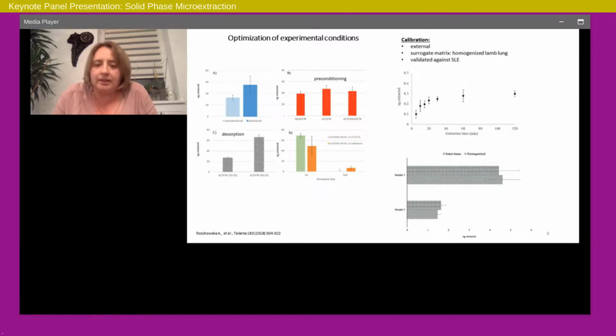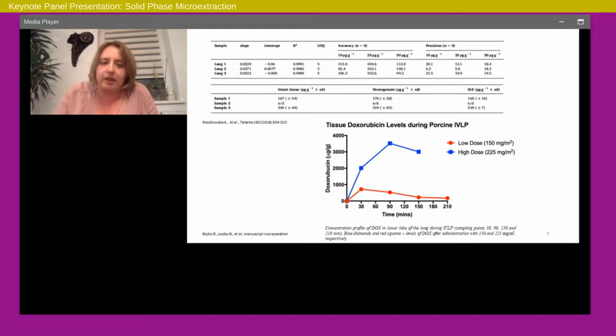And as you can see on the bottom right picture, we were comparing the results from the tissue collected in the hospital. So first we were extracting from this intact tissue, and then we homogenize the same tissue and we extract from this homogenate, and we were getting exactly the same data using the calibration curve prepared in the surrogate matrix. So then this method, of course, was fully validated.